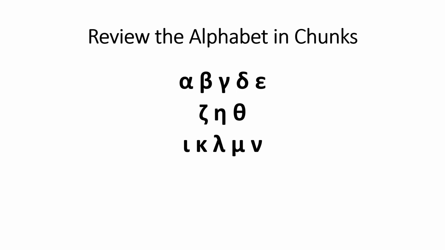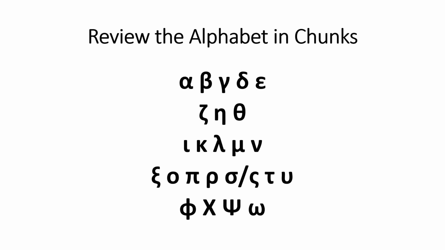Fourth chunk. Xi, Omicron, Pi, Rho, Sigma, Tau, Upsilon. And fifth chunk. Phi, Chi, Psi, Omega. Okay, you might want to pause the video and just practice through that a few times if you need to.